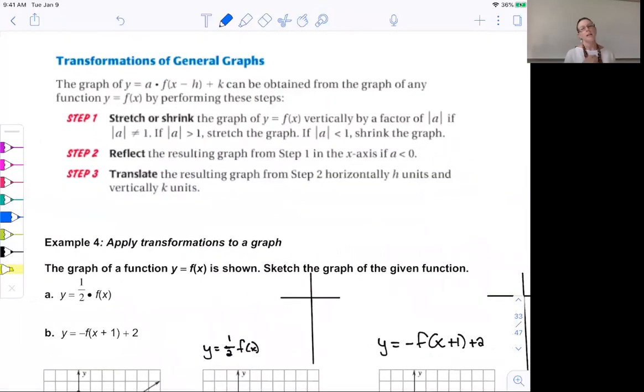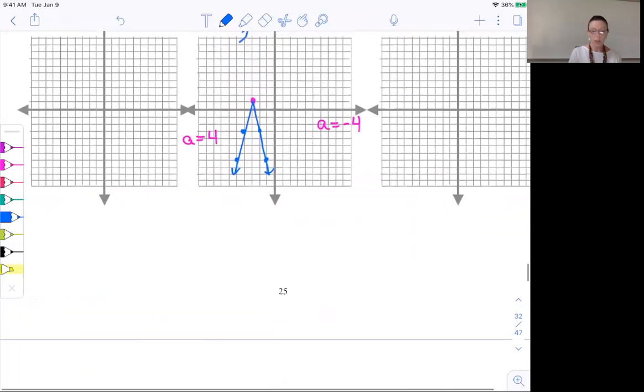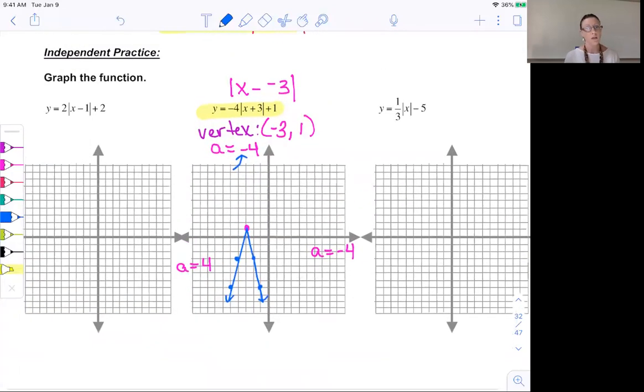So we're going to look at these transformations, and we're going to see if we can describe what's happening with the graph. So this is in general. That means it doesn't just have to be an absolute value equation. It can be any type of equation, and this takes us throughout the rest of the year.